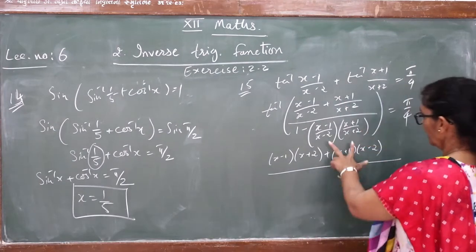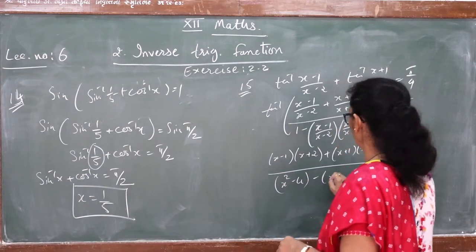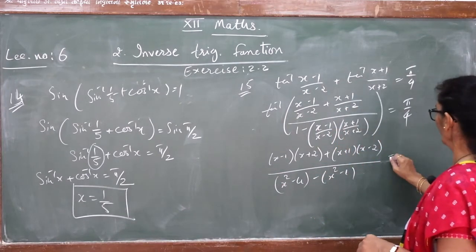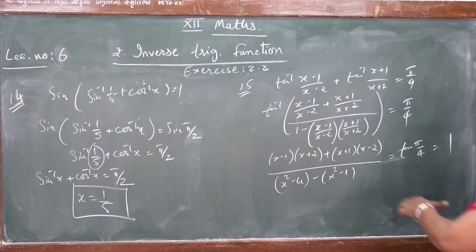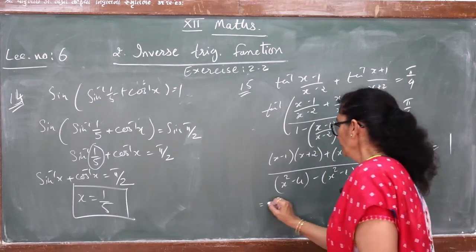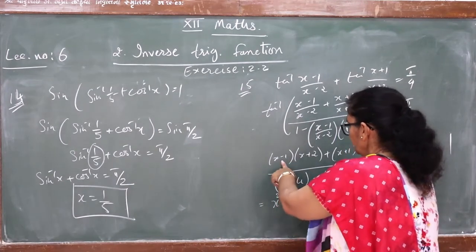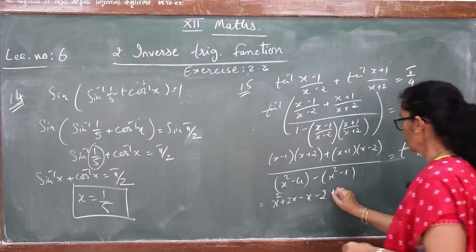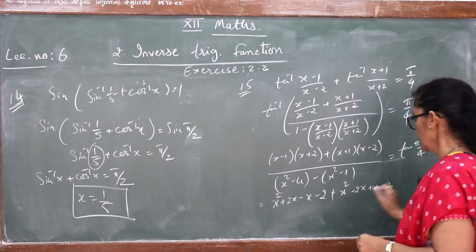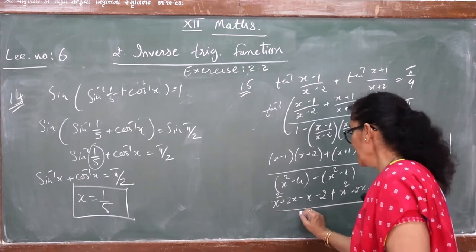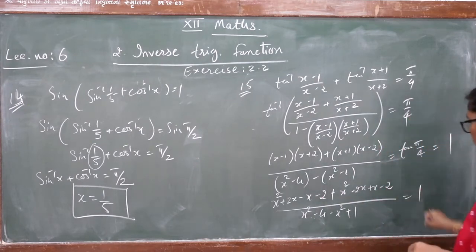And what is the denominator? x square minus 4, because plus or minus is given, and x square minus 1, equal to tan pi by 4. And what is your tan pi by 4? 1. Now let's open these brackets. So x square plus 2x minus x minus 2 plus x square minus 2x plus x minus 2, upon x square minus 4 minus x square plus 1, equal to 1.